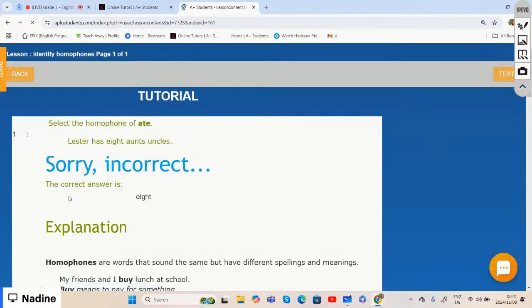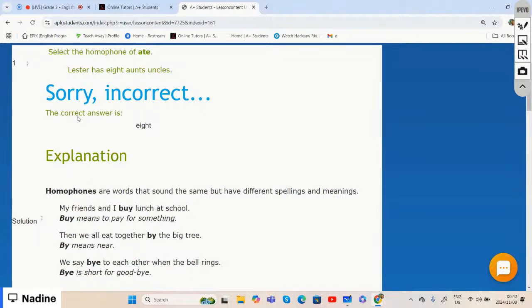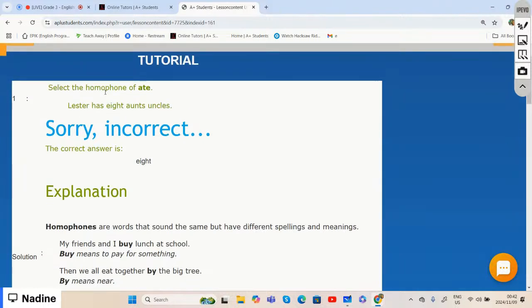We're going to identify homophones now. And it says, select the homophone of eight. What is the homophone of eight?